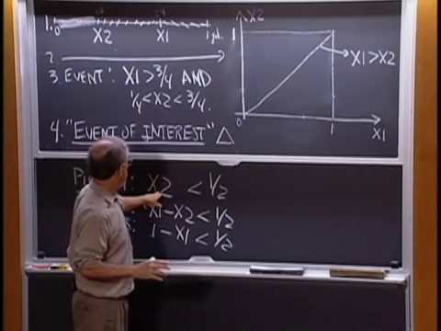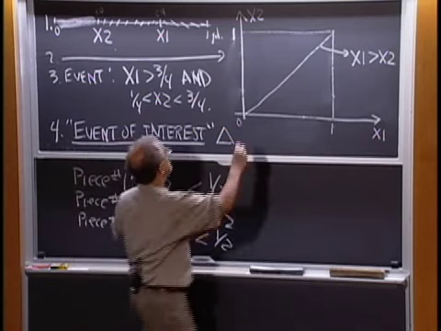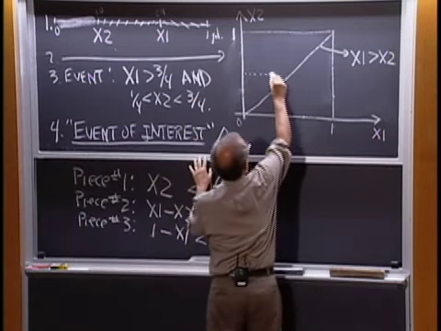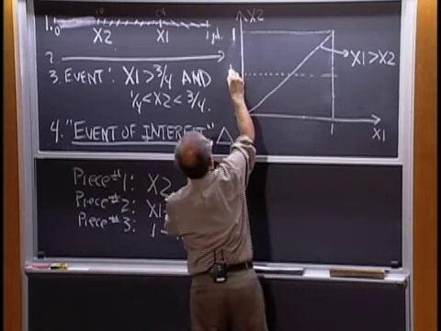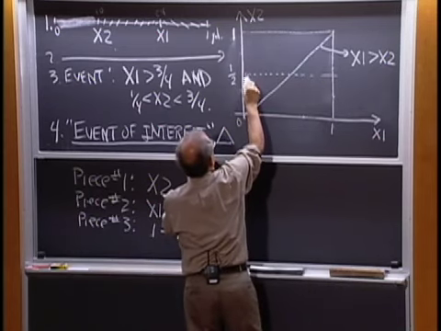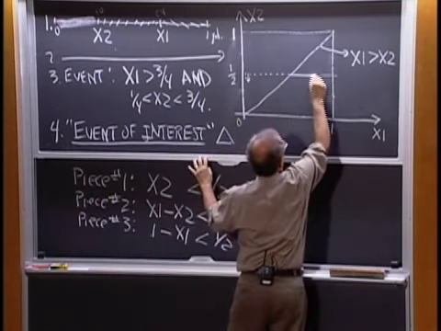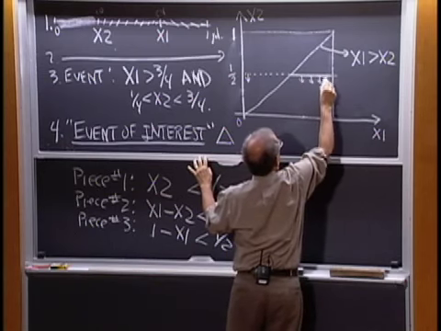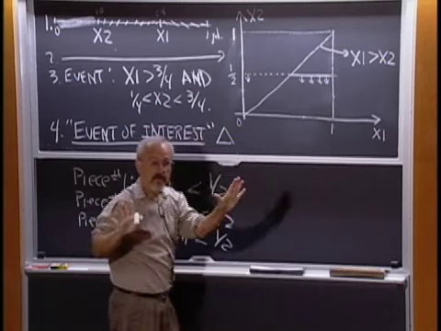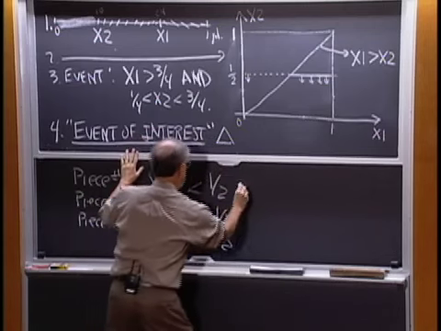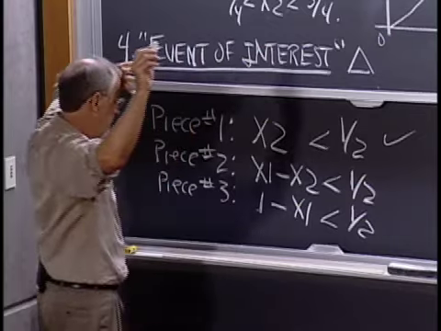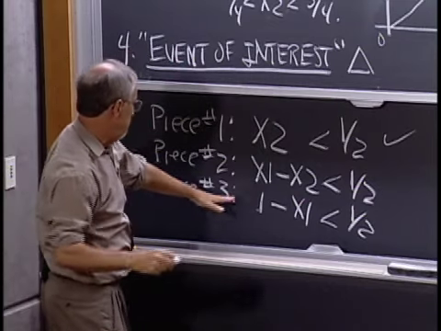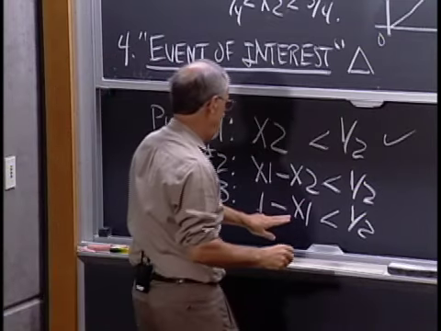Okay, so x2 must be less than a half. So x2 is over here. Here's a half. Anything below this line is okay. So x2 must be less than a half. All right, so we got that. Let's go to the third piece here.